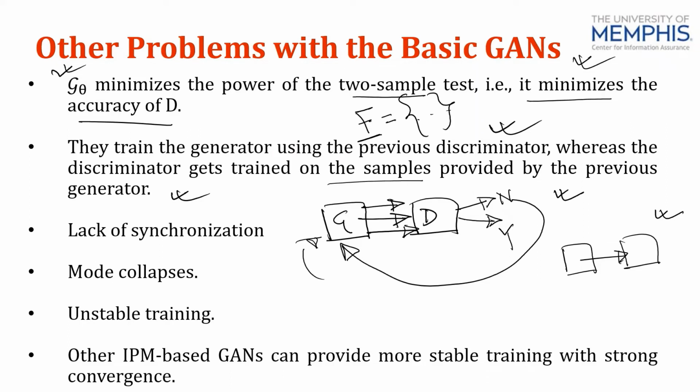But most of the basic GANs suffer from a lack of synchronization, which gives rise to mode collapse related problems and unstable training. However, we find that other IPM-based GANs, such as the Wasserstein GANs and the MMD GANs, have excellent convergence and very stable training.